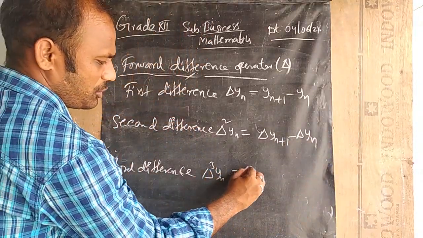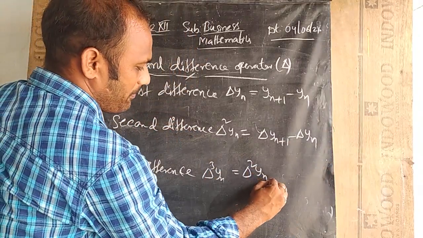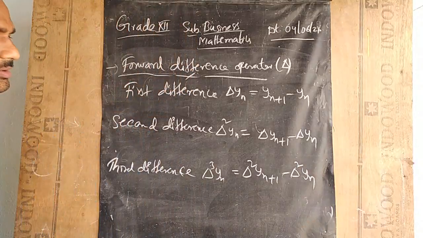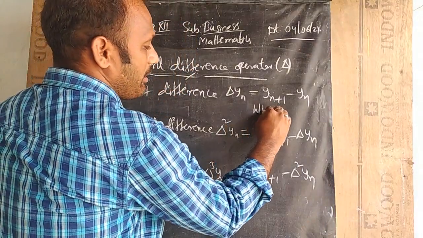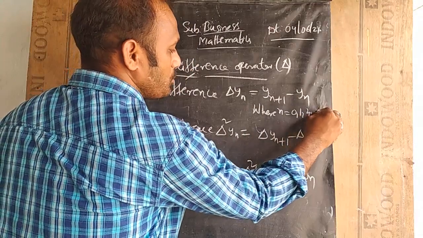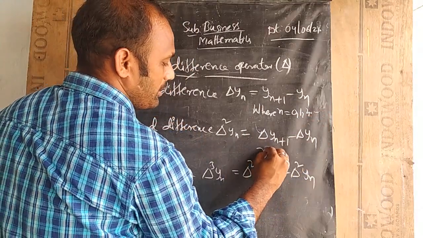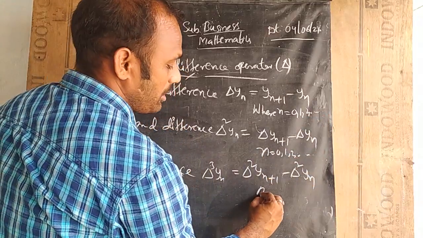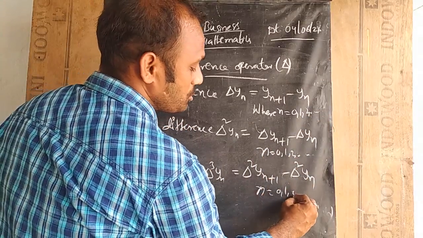For delta cube, it will become delta square yn plus 1 minus delta square yn. In all three cases, n may take the values 0, 1, 2, 3, and so on.